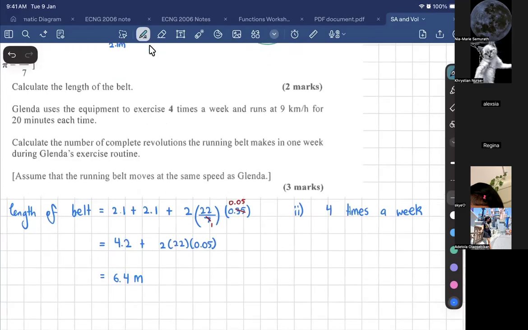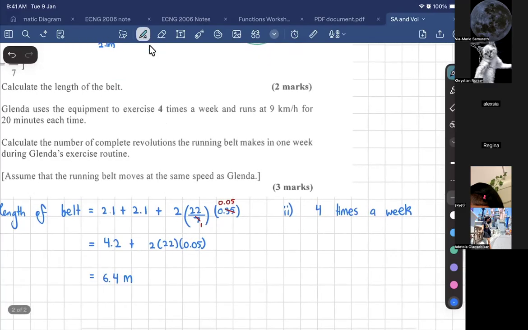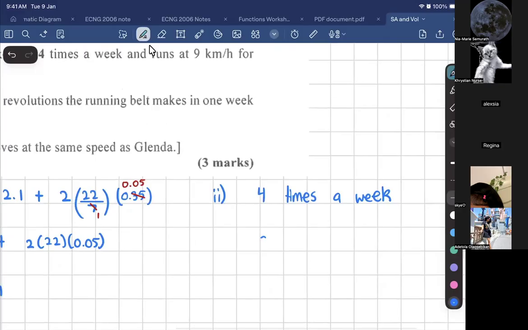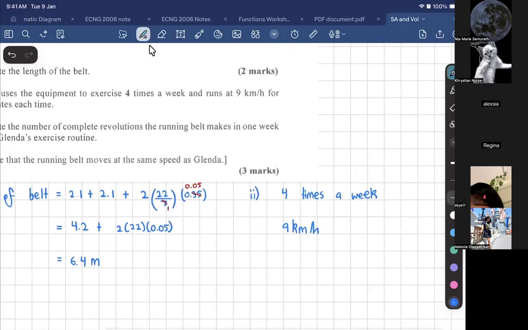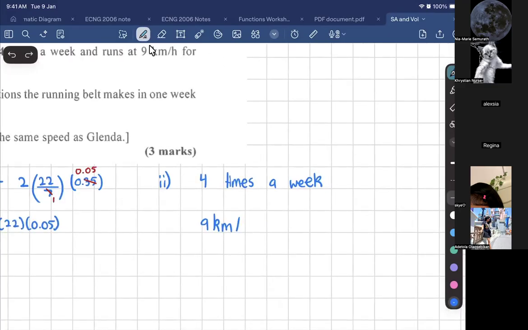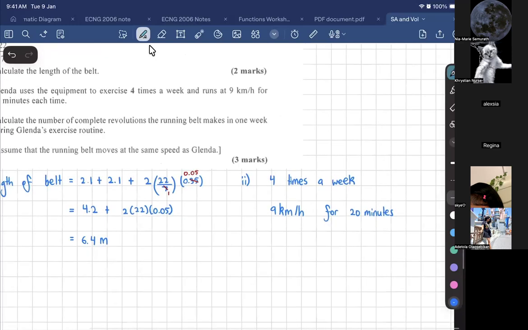And she runs at 9 kilometers per hour for 20 minutes each time. So this is the rate at which she's running. 9 kilometers per hour for 20 minutes. All right.